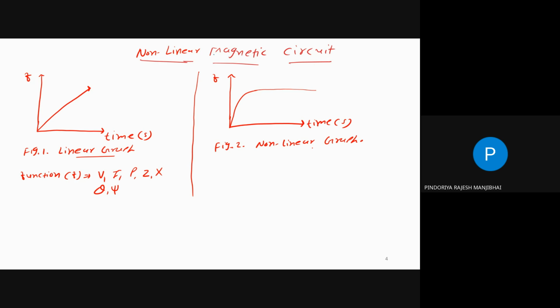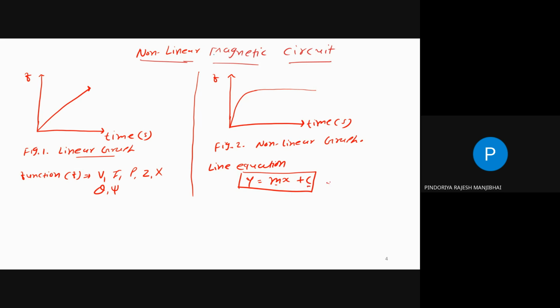The simple line equation is y equal to mx plus c. This is the simple line equation, correct? Here y is the output, x is the input, m is a constant parameter, and c is a constant parameter.